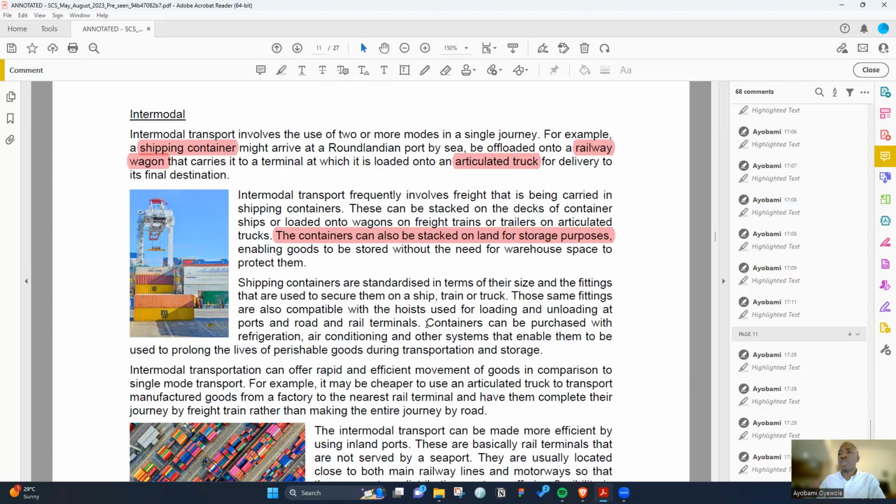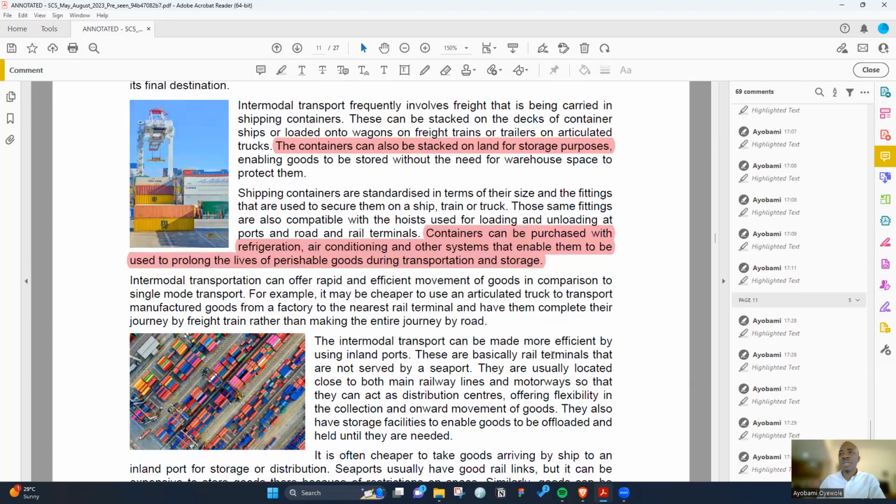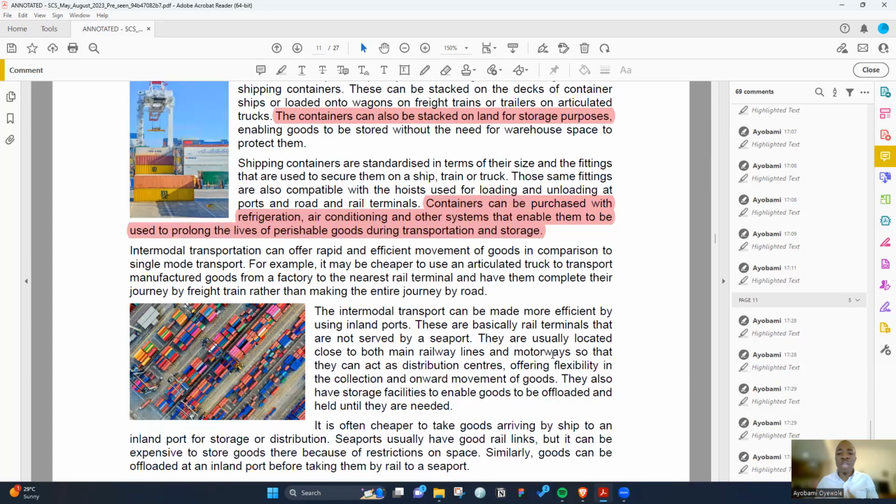So if you want to use those containers for storage, they can be purchased with refrigeration, air conditioning, and other systems that enable them to be used to prolong the lives of perishable goods during transportation or storage. And we use them for mini storage facilities just to quickly achieve our aim.